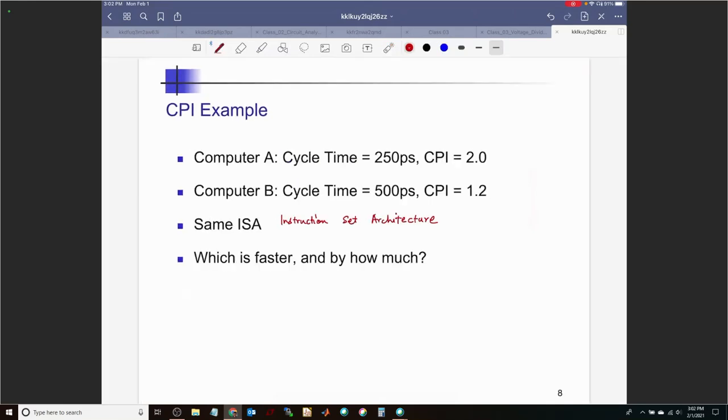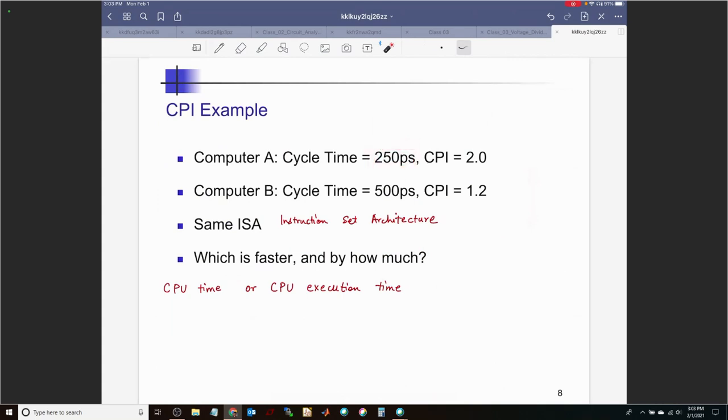What are we trying to compare? Who is faster? If I want to talk about who is faster, I need to compute CPU time, also called CPU execution time. What do I have with this guy? With 250 picoseconds, what do I have?